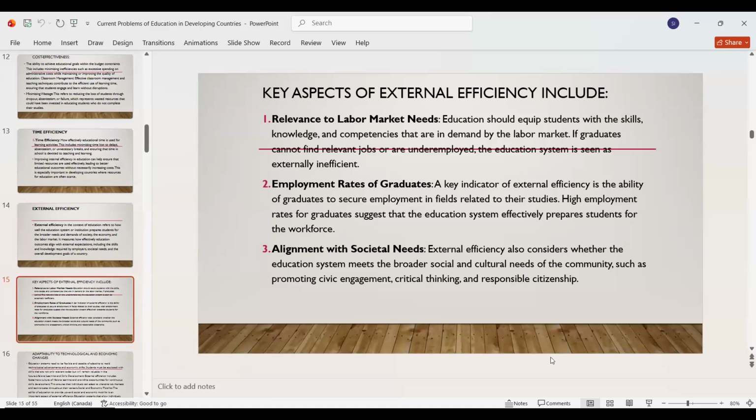Not only the academic side, right? So then they have to develop the personality side, right? So, cultural needs of the community, promoting civic engagement, critical thinking, and responsible citizenship, right? If they are promoting these types of things, only then can they maintain the internal and external efficiency.